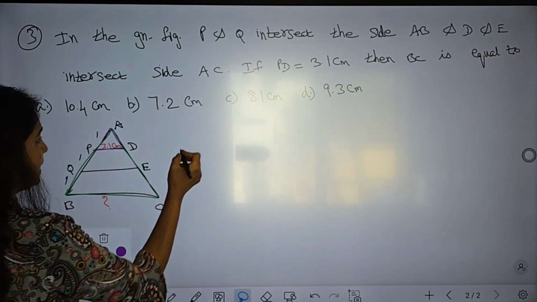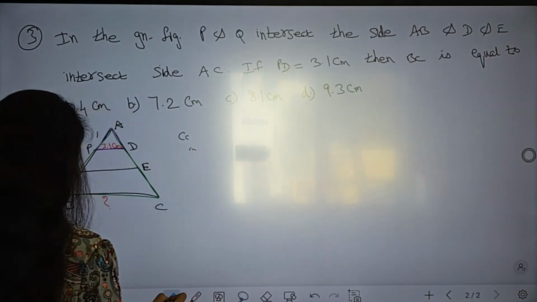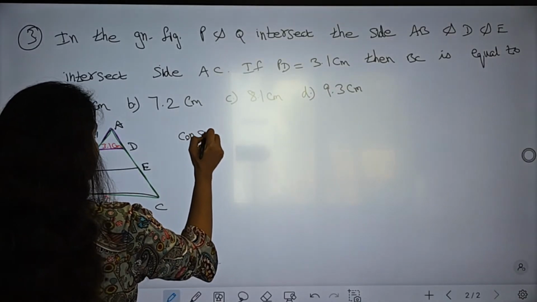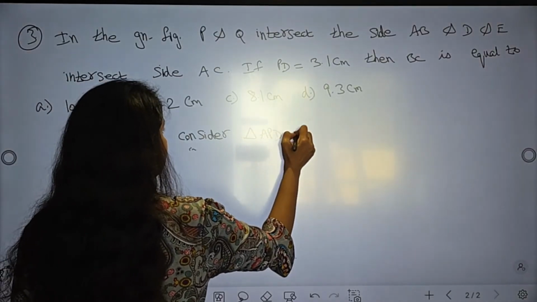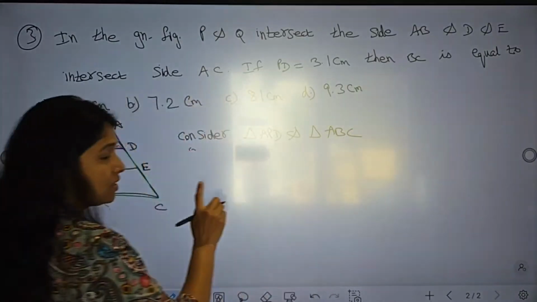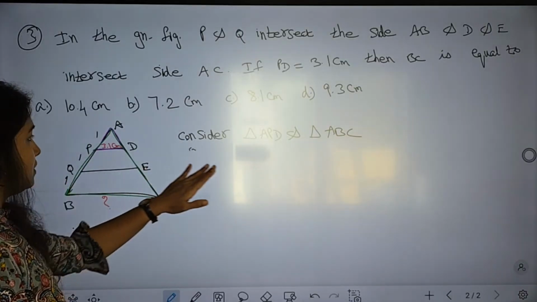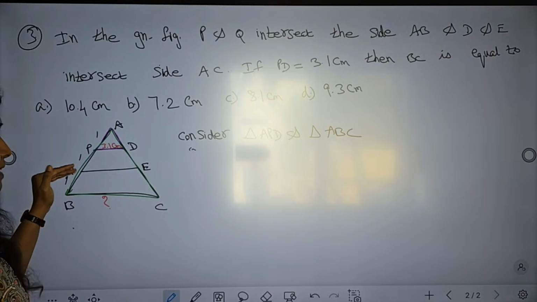So consider triangle APD and triangle ABC. So smaller triangle and larger triangle. Using these triangles, we are going to write their corresponding parts.